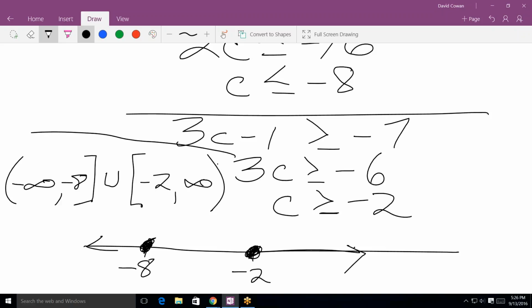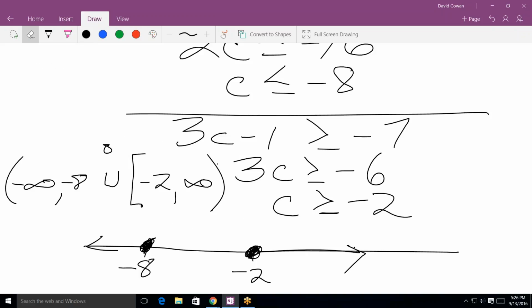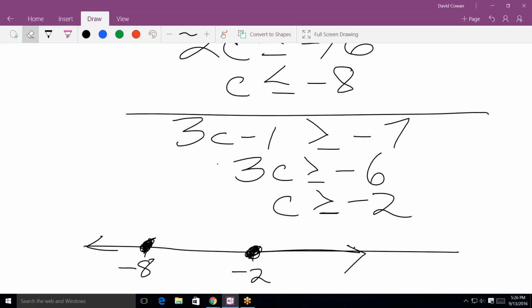And that is the way you would define that answer to most mathematicians: it's two intervals. It's an interval that goes from -infinity to -8, and it's another interval, -2 to positive infinity. And if they haven't taught you this yet, then we won't use it, but that's one way to give the answer.